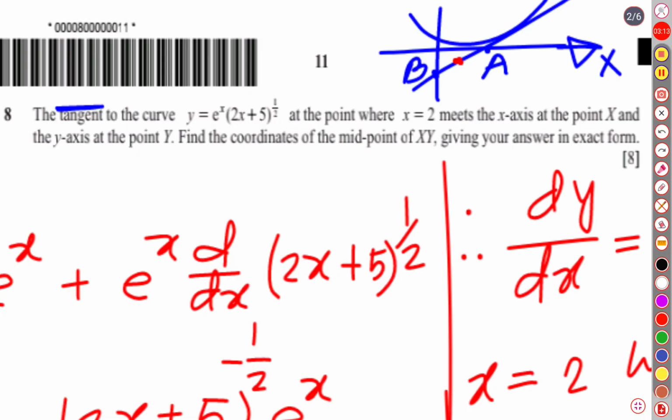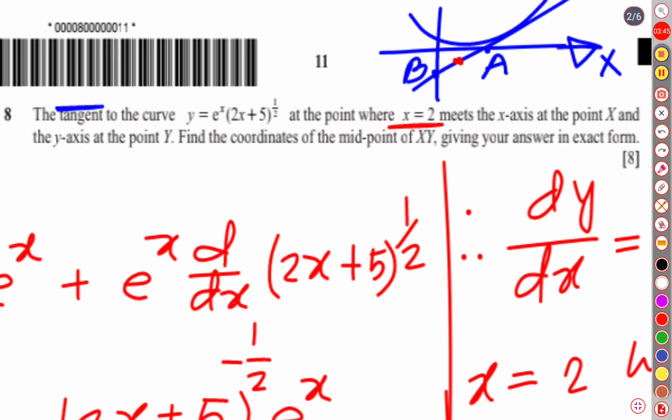As the tangent is intersecting the curve, definitely the gradient of the curve must be the gradient of the tangent at a particular point. They have told us where x is equal to 2. When x is equal to 2, the gradient of both the curve as well as the tangent will be the same.